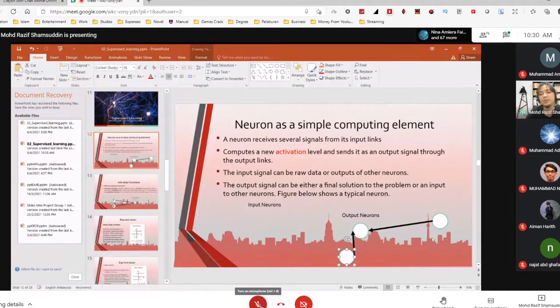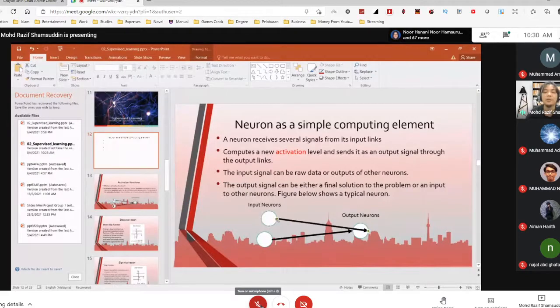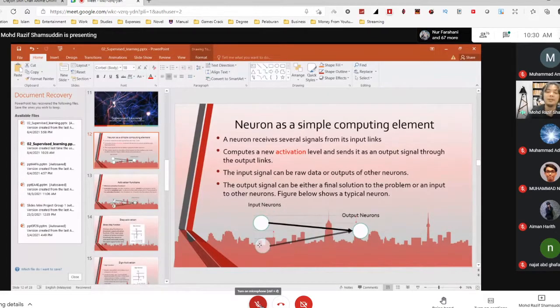It doesn't matter as long as you have the correct label for input neuron and output neuron. So don't easily get confused, right? It's just a test to check whether you understand the concept or not. Right.